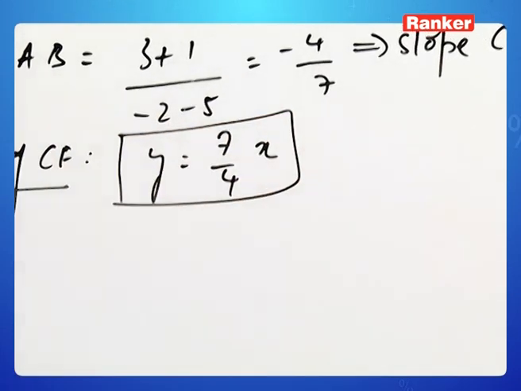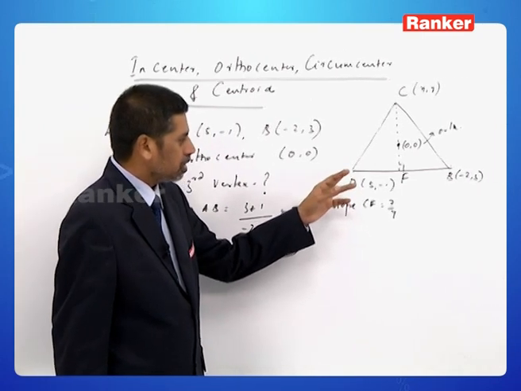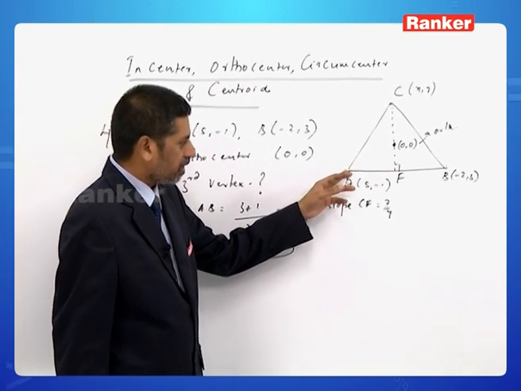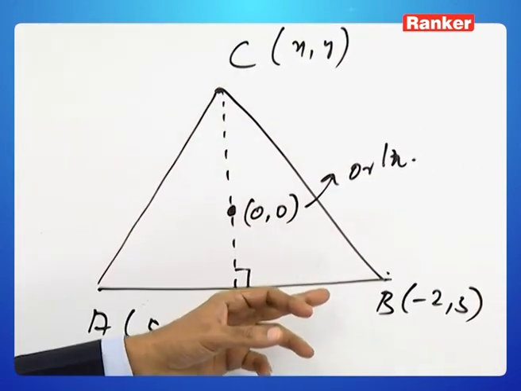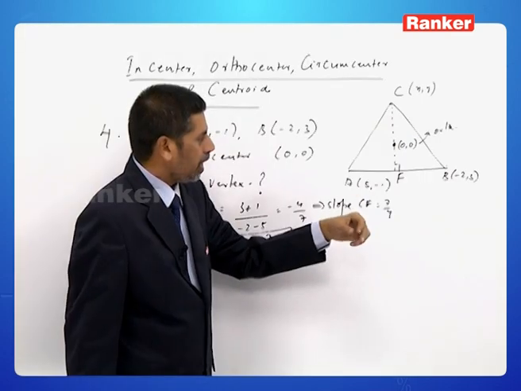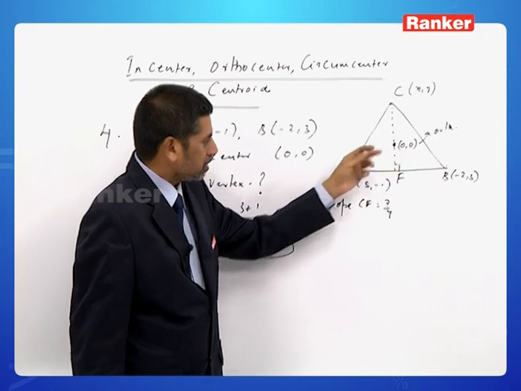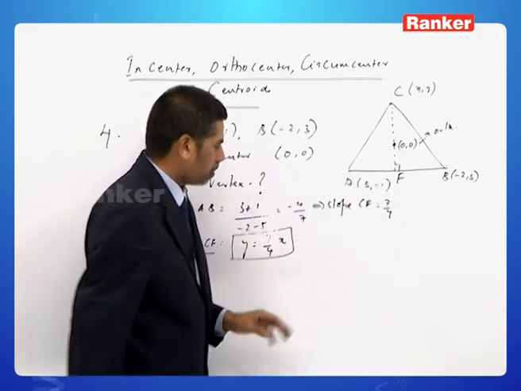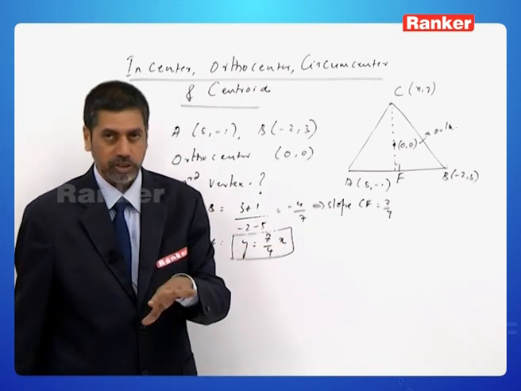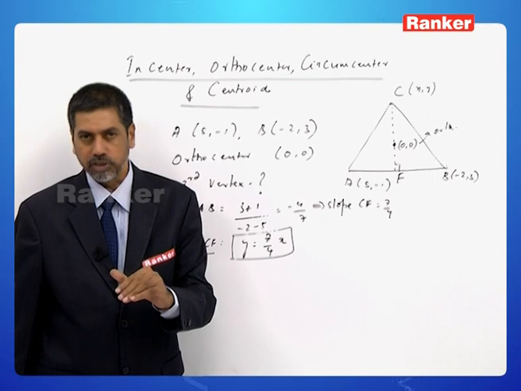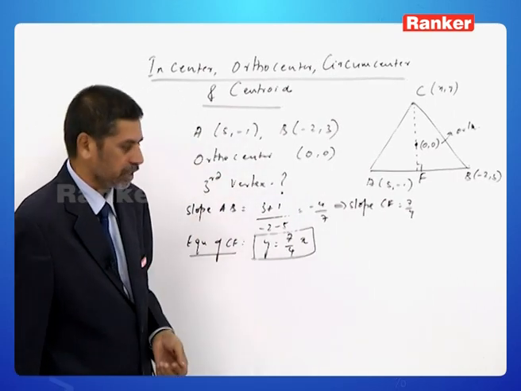Right. Now, there are two ways to approach. The difficulty is, in order to find another altitude, you require the slope of that particular base, which is not available. And the next thing is, of course, we can find this equation and that will be perpendicular to the next one. But I advise students at this stage to look at the options. When you look at the options, you will find that one particular option will satisfy this particular thing.